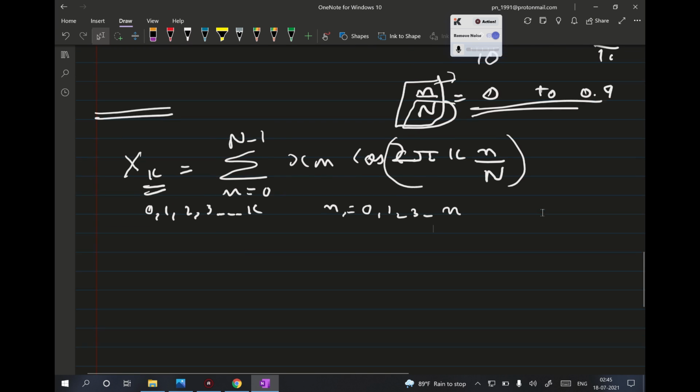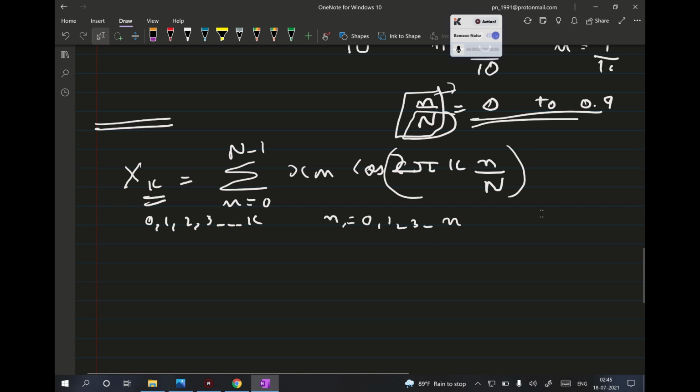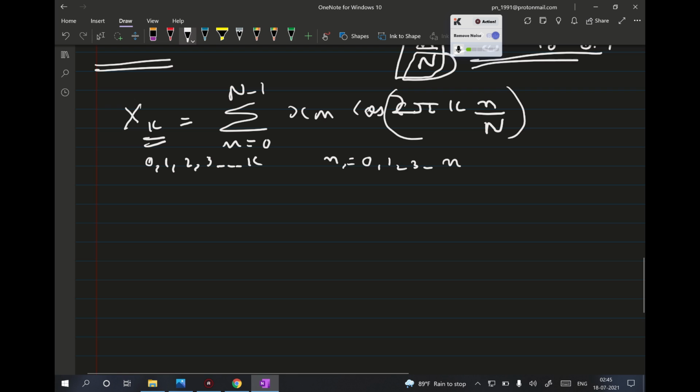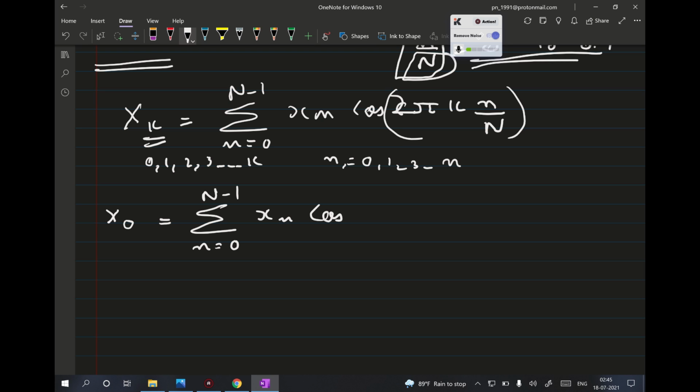So let's try to expand k. My first value of the transformed variable X_0 is nothing but the summation from 0 to N minus 1 of x_n cos of k is 0, so it will be 0 times n by N. No matter what value of n I take, this term will always be 0.